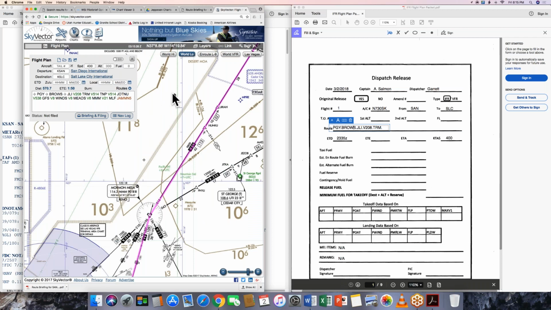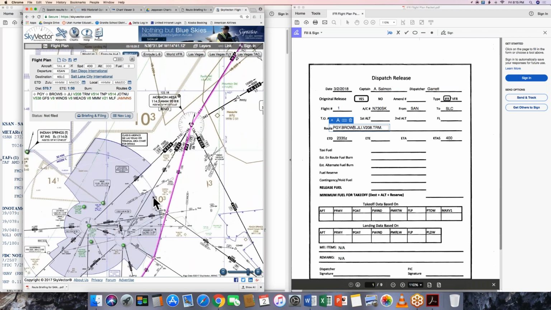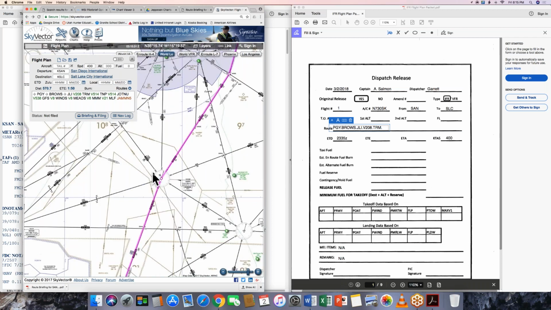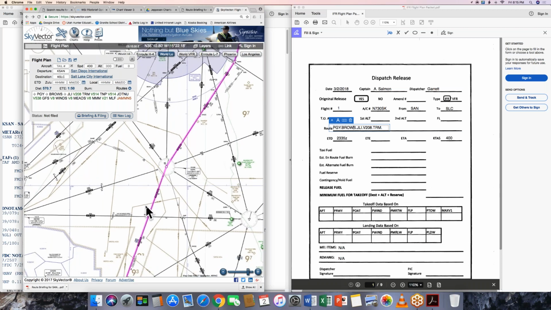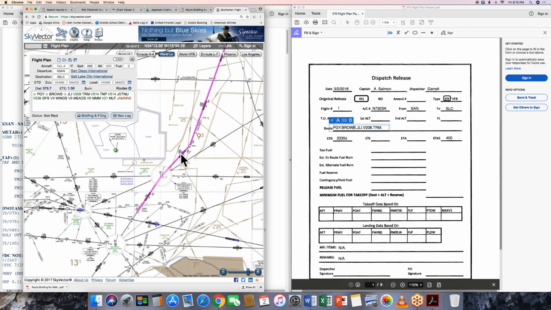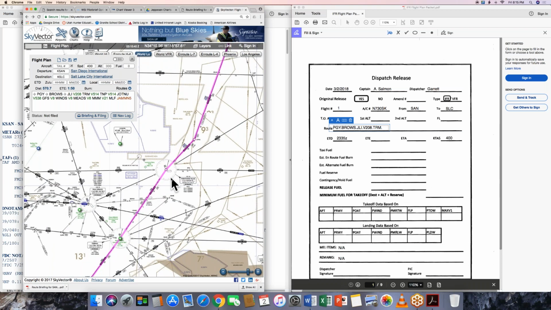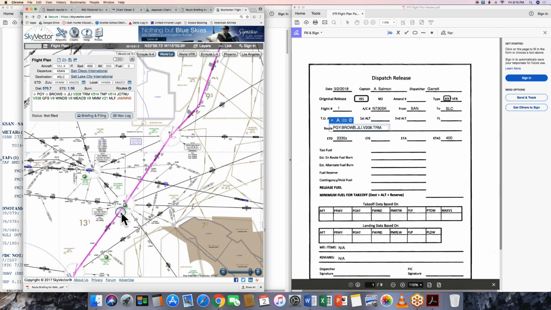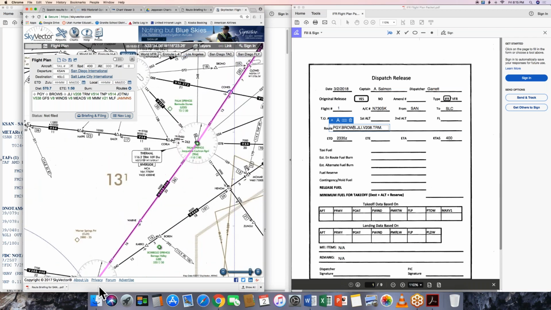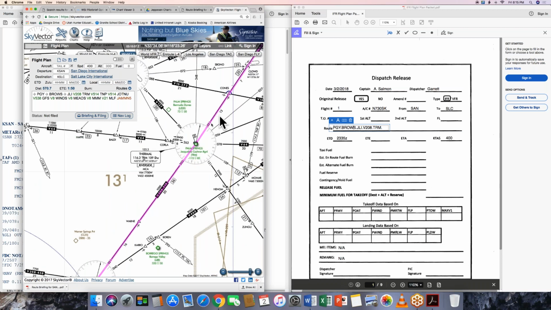So if we look here, TRM, TNP. Down here, 514. Here's TNP, here's TRM. Look at TRM, it's Victor 514.